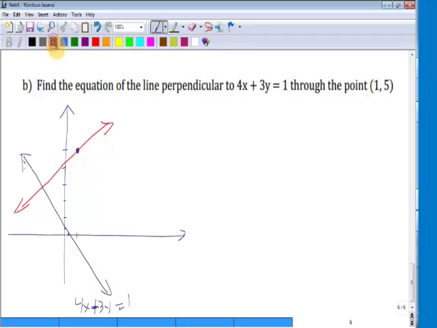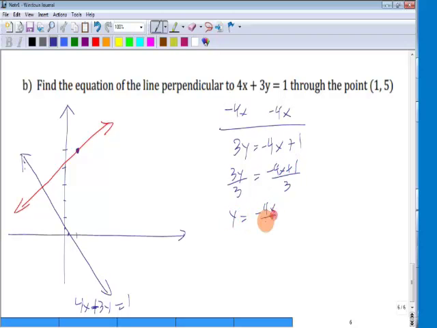Put it in slope-intercept form. Subtract 4x from both sides. 3y equals negative 4x plus 1. Divide both sides by 3. Y equals negative 4x over 3 plus 1 over 3. Multiplying by negative 4, then dividing by 3 is equivalent to multiplying by negative 4/3.